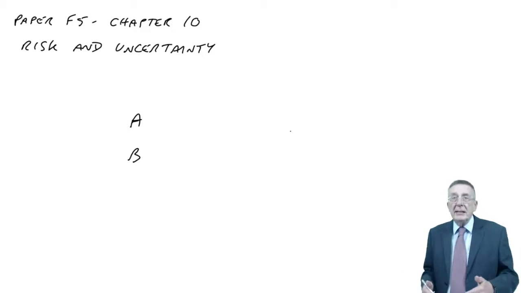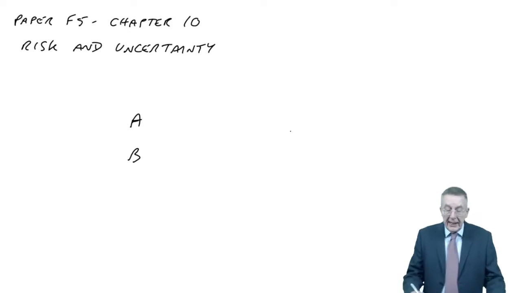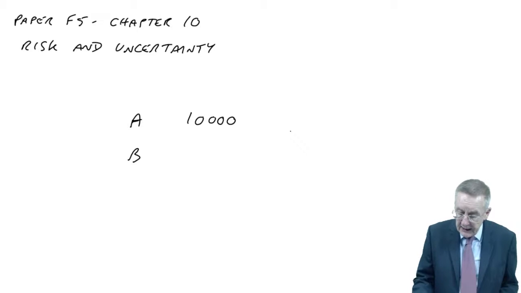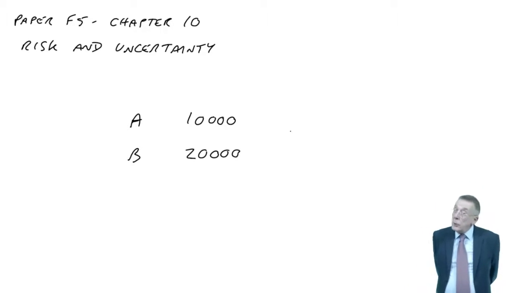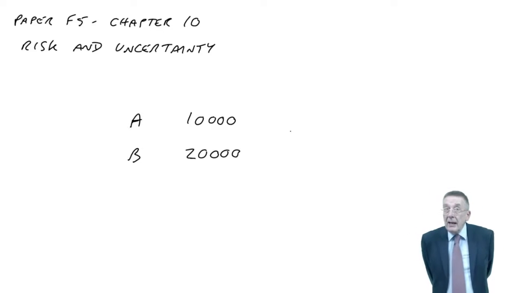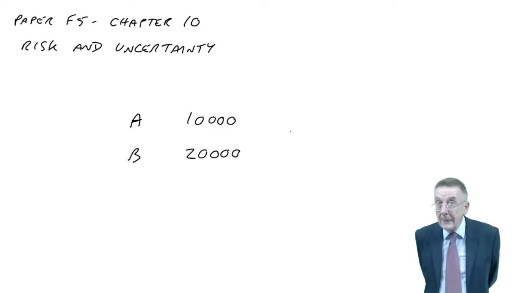And so we've estimated what the profits each year will be. If I choose machine A, it'll give me 10,000 a year. Machine B would give me 20,000 a year. And if I said, which one will you choose? Well, I think anybody but a complete idiot would choose B.